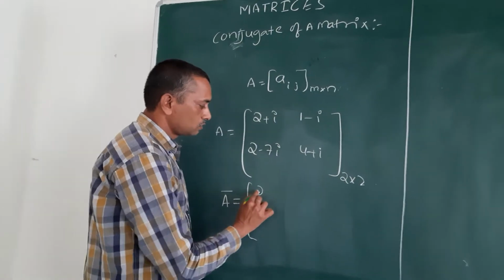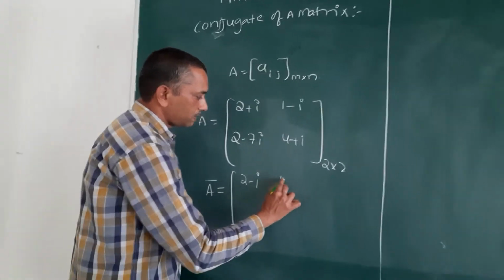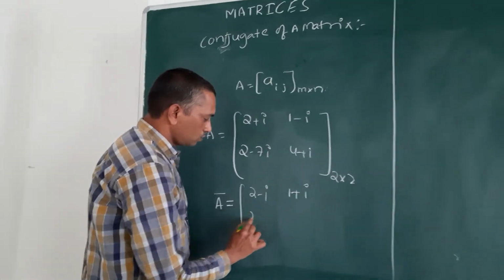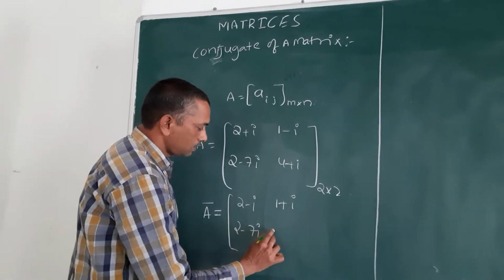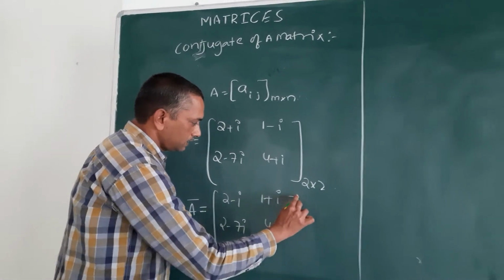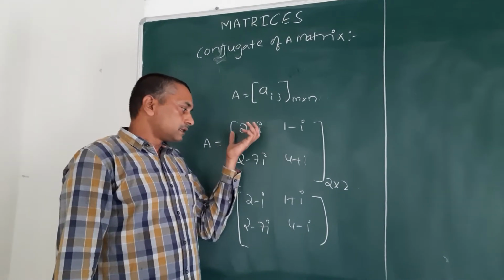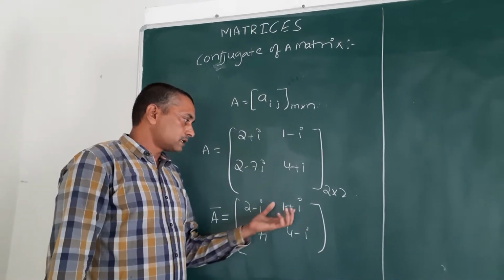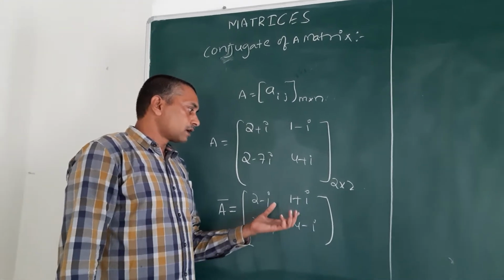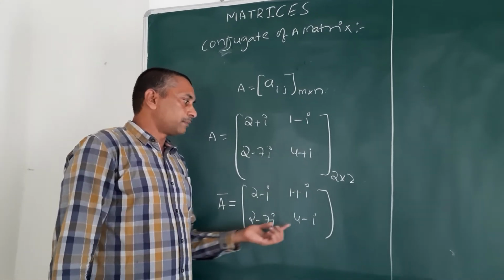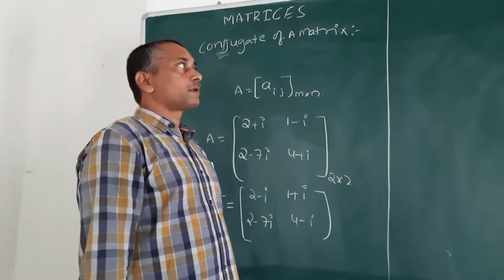A bar is [2-i, 1+i; 2+7i, 4-i]. This is the given matrix, any given matrix, whose elements are replaced by the corresponding conjugate elements, is called the conjugate of a matrix.